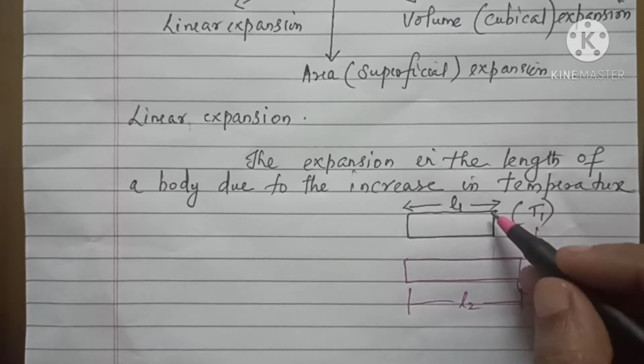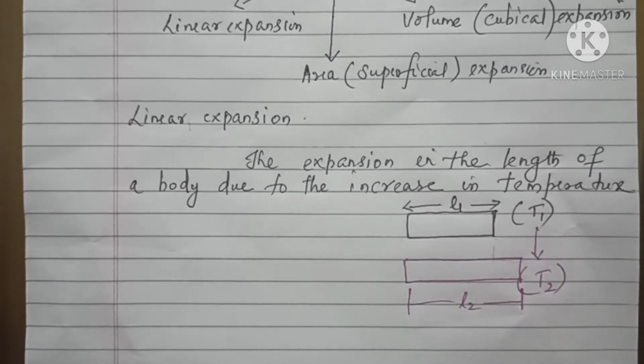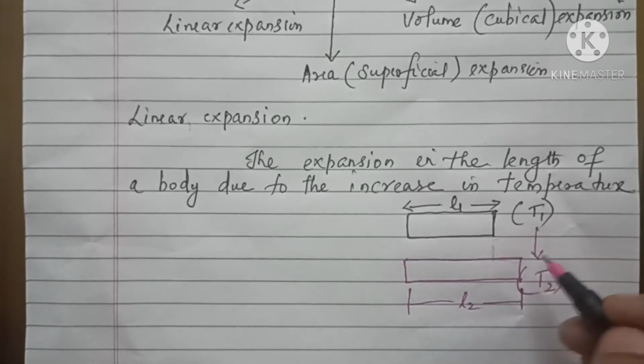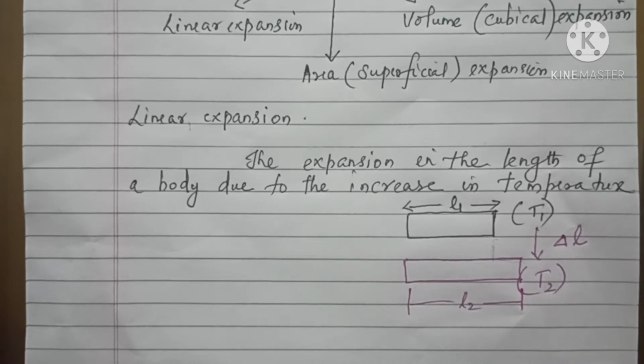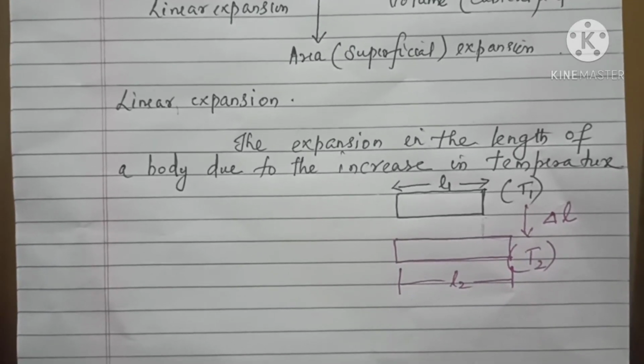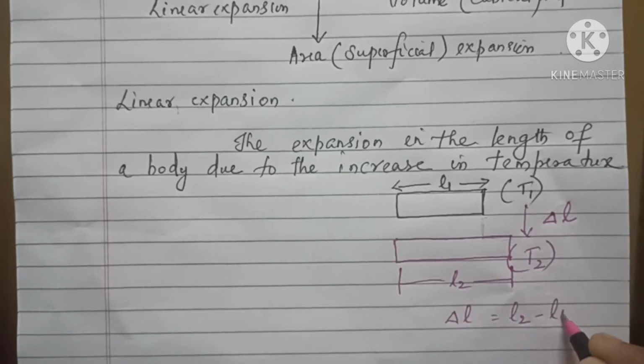There is a change in the length or increase in the length. So this change you can call delta L. Delta means change. So change in the length, delta L, is L2 minus L1, that is the final length minus the initial length.